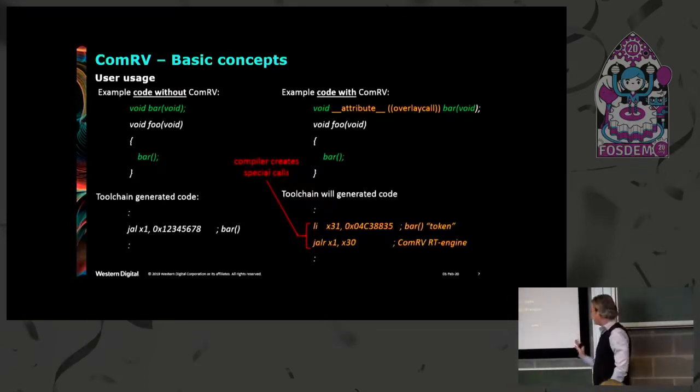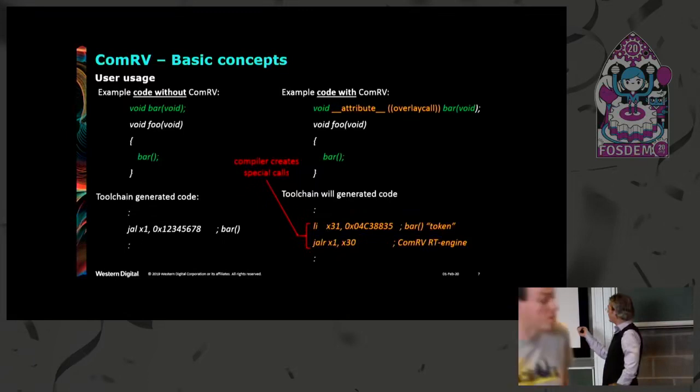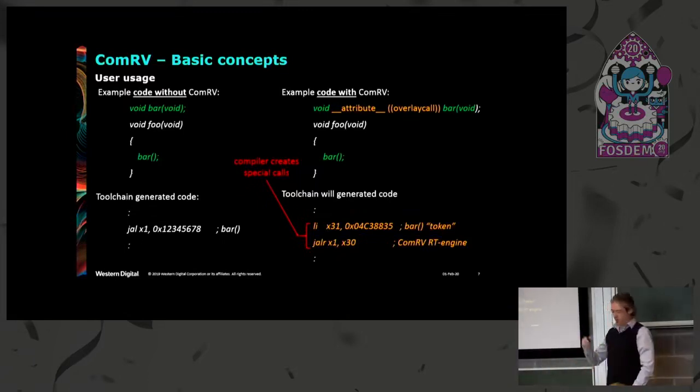Foo is calling bar, and that's it. But beneath that, the toolchain will generate a token, or a descriptor as we call it here, and push it into a jump address that we are entering the COMOV engine itself. So inside this engine, the engine itself will decide what to load, while it will pass this token and understand where it is, where it needs to be loaded, etc.